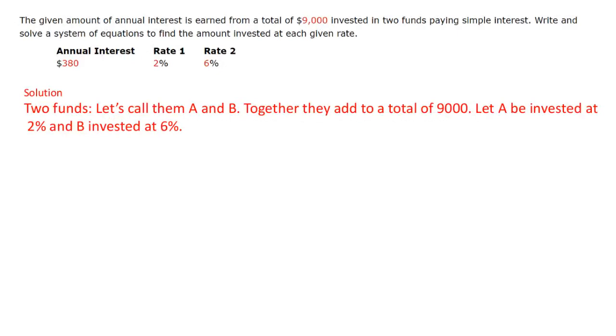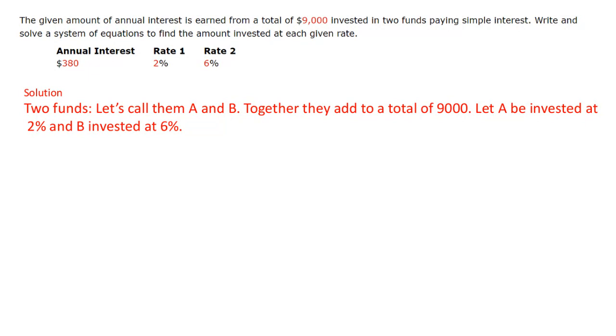So let's look at a word problem now, to show that we can solve using linear systems. Okay, so we have this word problem. Let's go ahead and read it. The given amount of annual interest is earned from the total of a $9,000 investment in two funds paying simple interest.